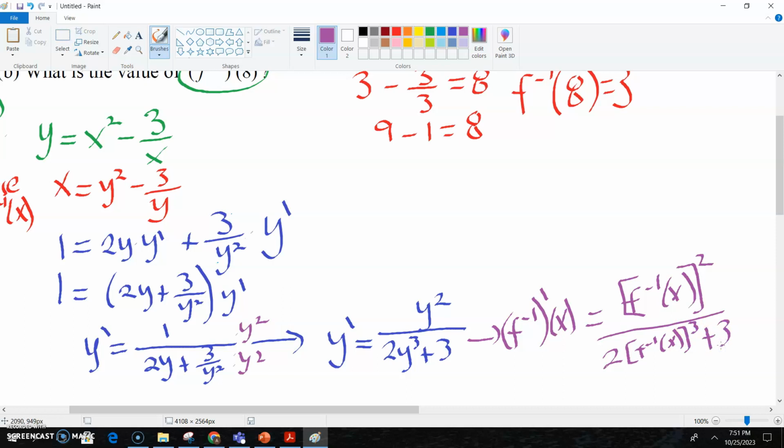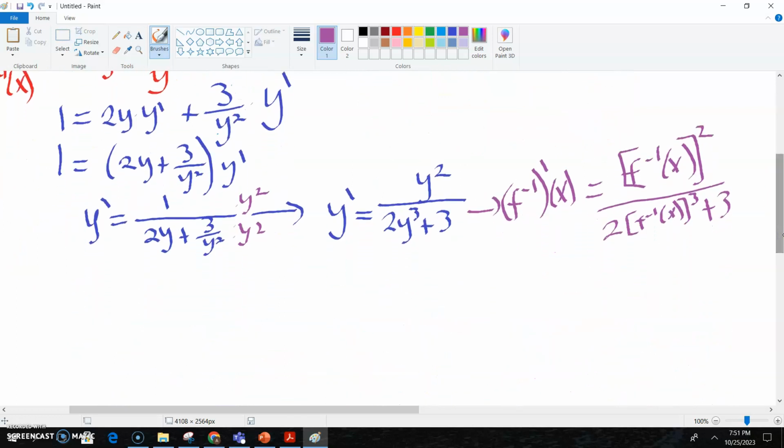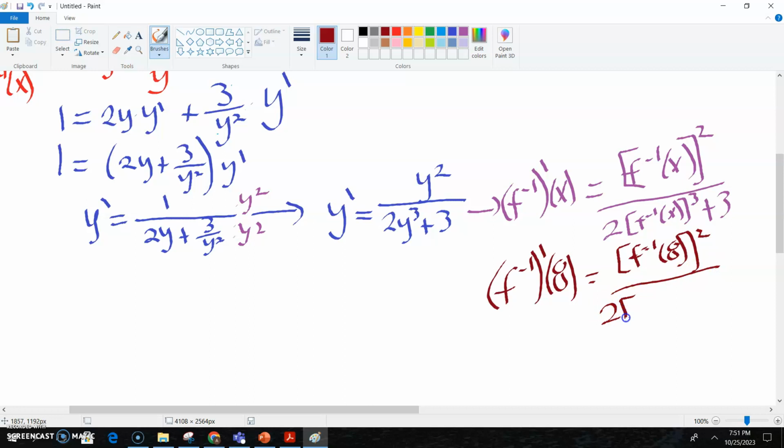So in this case, when we want to evaluate f inverse prime of 8, we will simply take 8 and plug it in. So we have f inverse prime of 8 is equal to f inverse of 8 squared, all over 2 f inverse of 8 cubed plus 3.